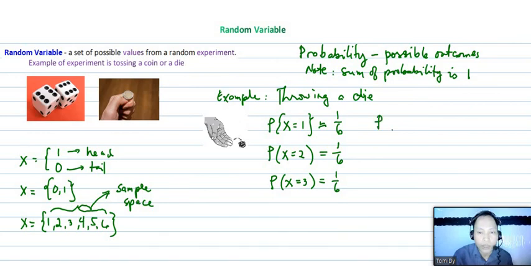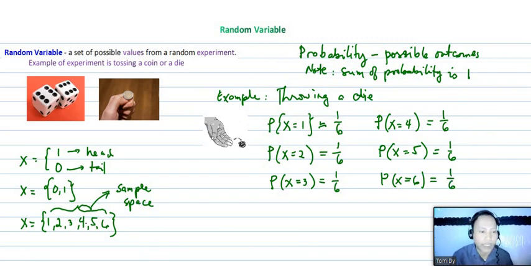The probability when x is equivalent to 4 is 1 over 6. We only have one 4, one 5, and one number 6. So the probability when x is equal to 5 is 1 over 6, and the probability when x is equal to 6 is 1 over 6. Because there's only one number 1, one number 2, one number 3, one number 4, one number 5, and one number 6, that is why we have 1 over 6.